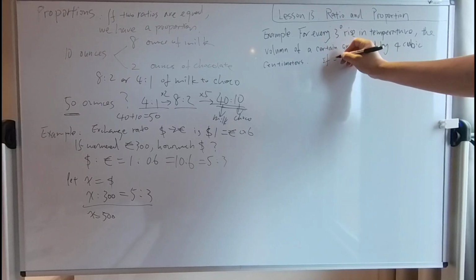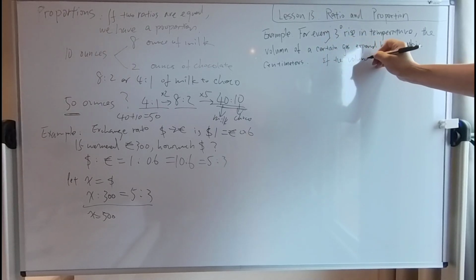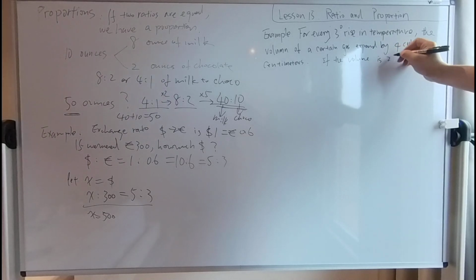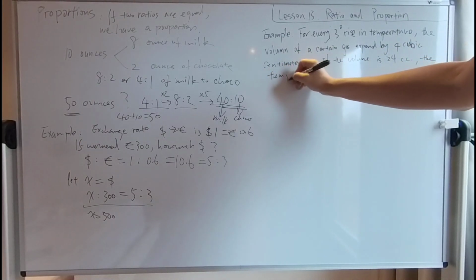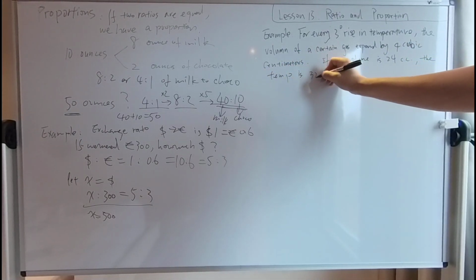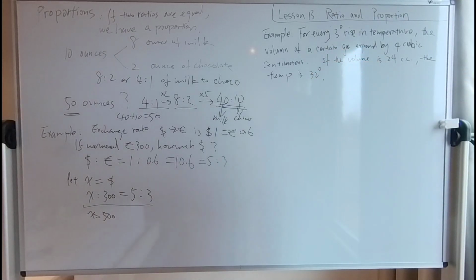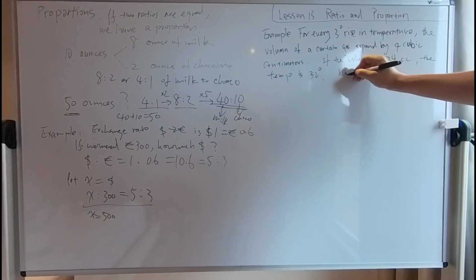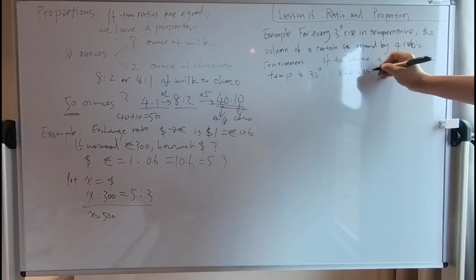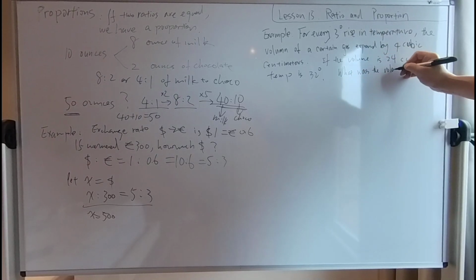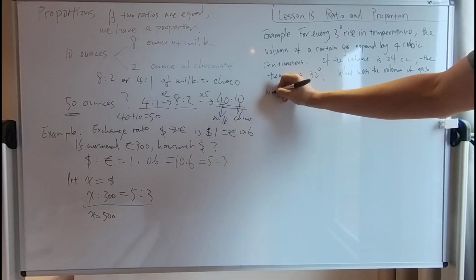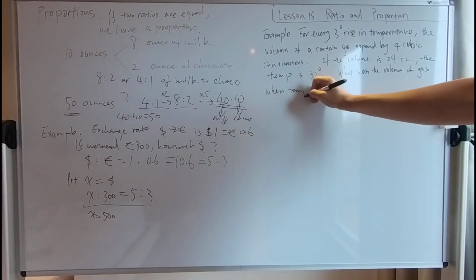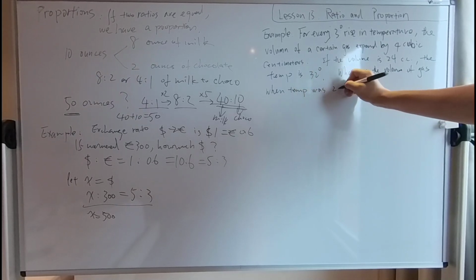Now, if the volume is 24 cubic centimeters, the temperature is 32 degrees. Now the question is, what was the volume of the gas when the temperature was 20 degrees?